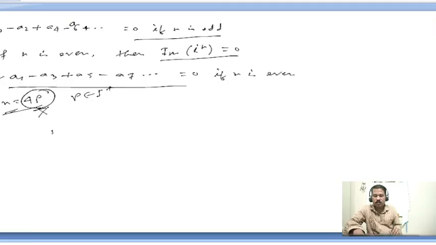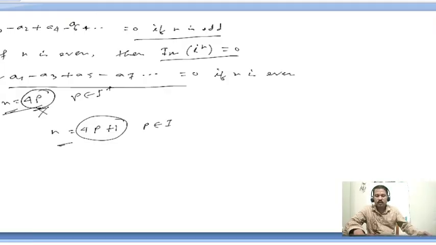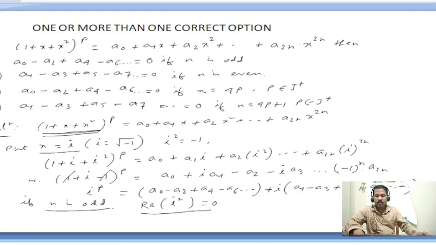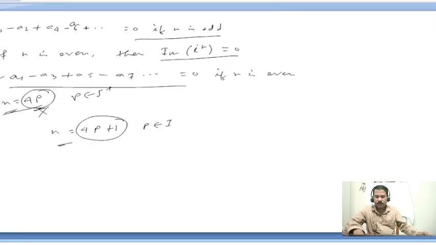Again, when n equals to 4p plus 1, where p is an integer, this is obviously odd, and for the odd integer we get the result here.